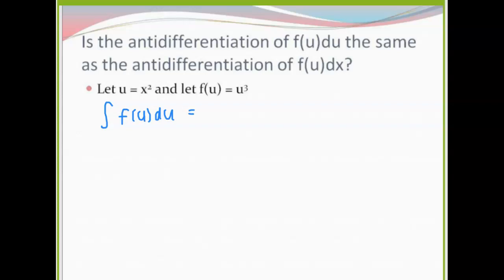So that's like the integral of u cubed du. So the antiderivative of u cubed du is 1/4 u to the 4th plus c. Right? We're okay with that.